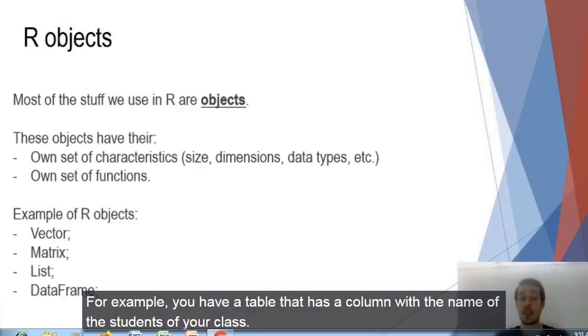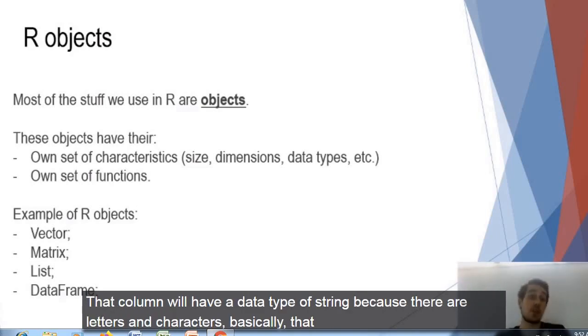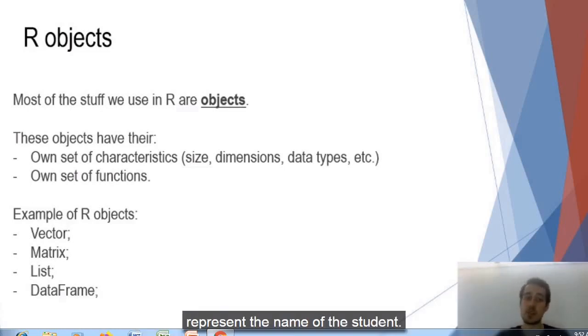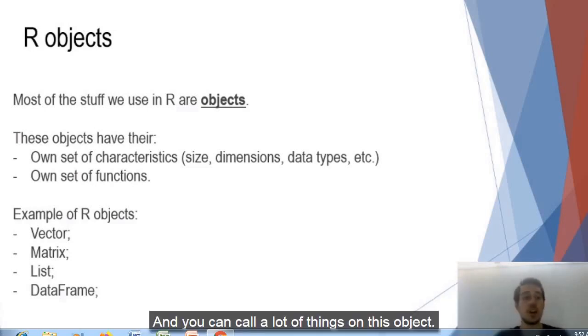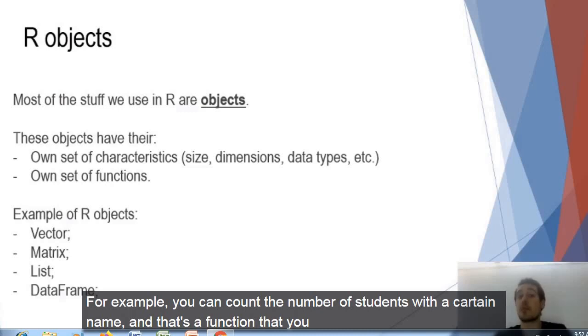For example, if you have a table that has a column with the names of the students of your class, that column will have a data type of string, because there are letters and characters that represent the name of the student, and the size of that column will be the number of students that you have. And you can call a lot of things on this object. For example, you can count the number of students with a certain name, and that's a function that you can apply to that object.